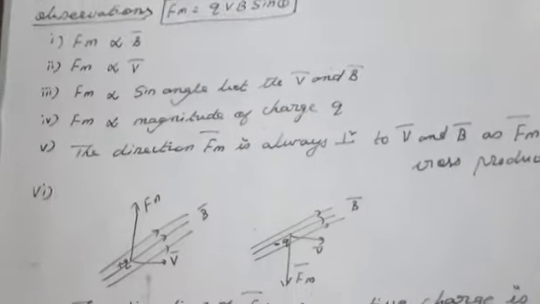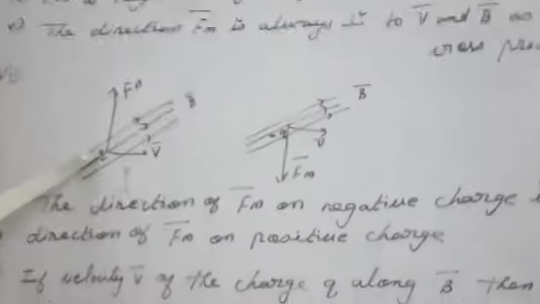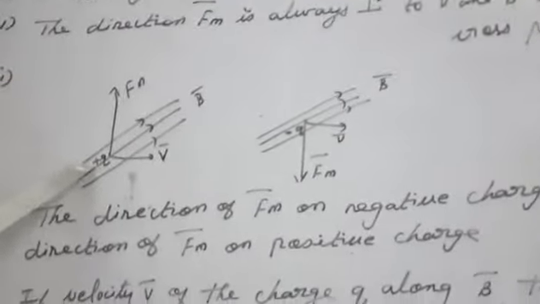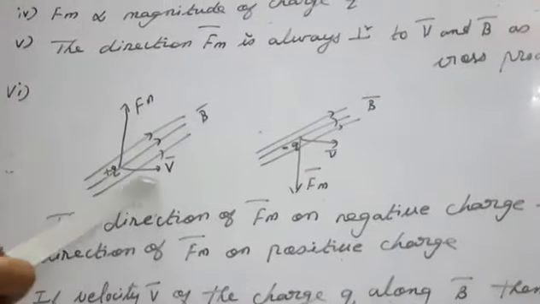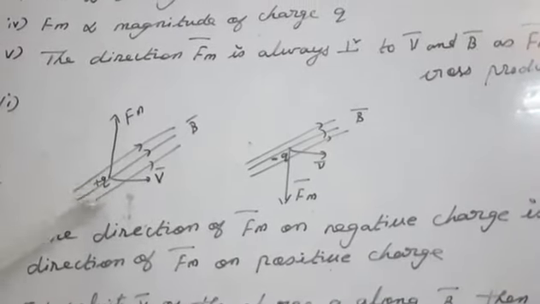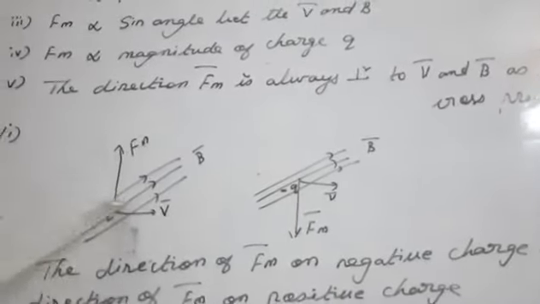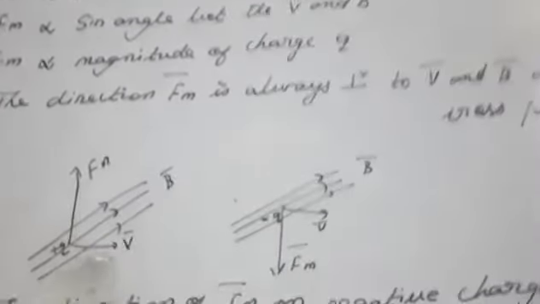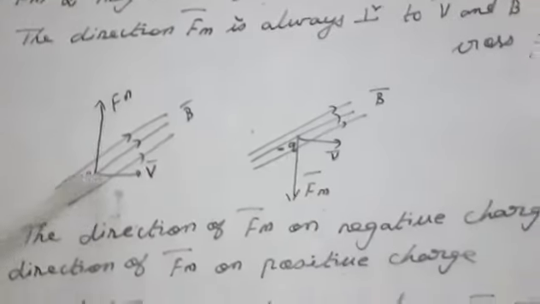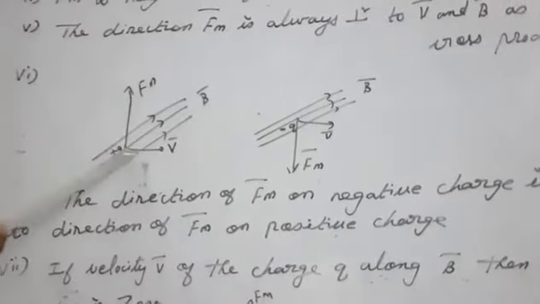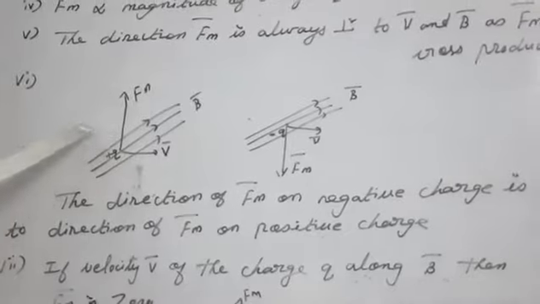Suppose the magnetic field is in this direction and the velocity is in this direction from the charge plus q. Both b and v are perpendicular, so the force experienced is perpendicular to v and b, in this direction.